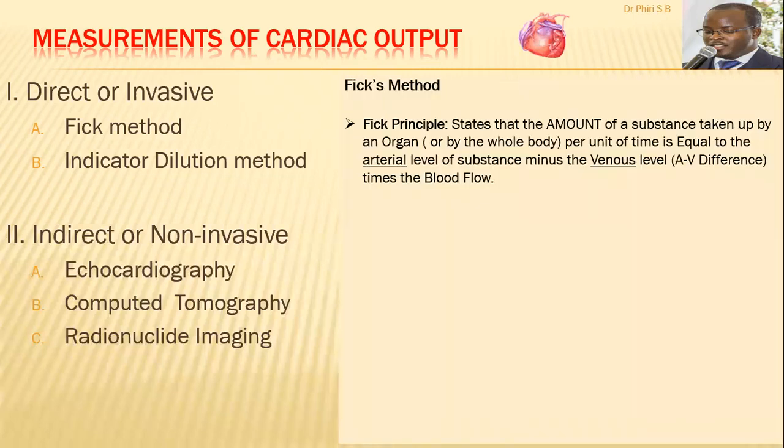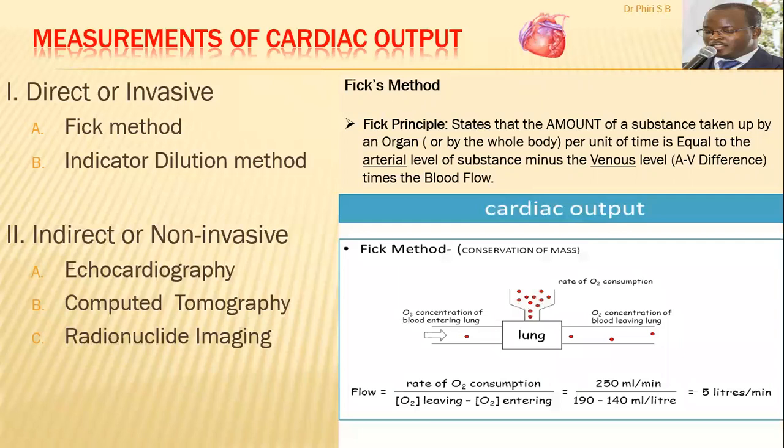The Fick principle states that the amount of the substance taken up by an organ per unit time is equal to the arterial level of the substance minus the venous level. So you're talking of arterial-venous difference times the blood flow. If I give you an example, if you're using the Fick method to estimate cardiac output, let's use oxygen consumption.